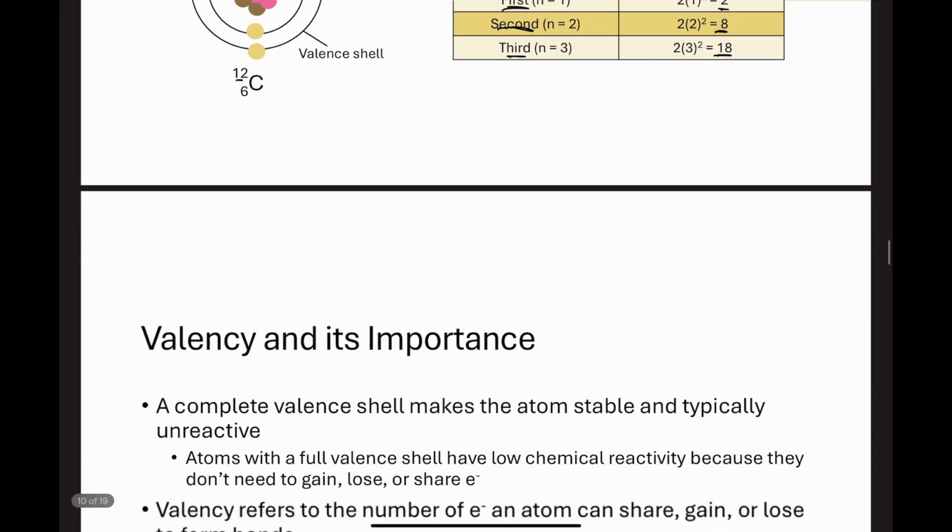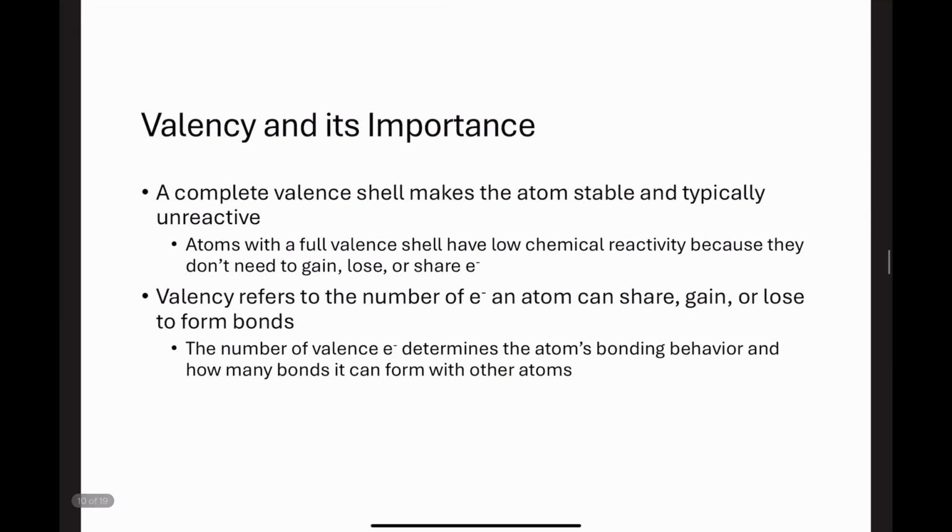And the number of valence electrons that an atom has is going to determine how an atom interacts with others. So going back to our carbon, the last thing I said was that if carbon comes in contact with another atom, it can donate all of its electrons.